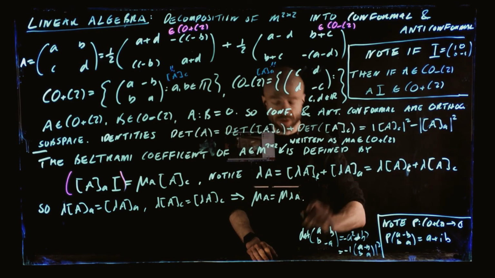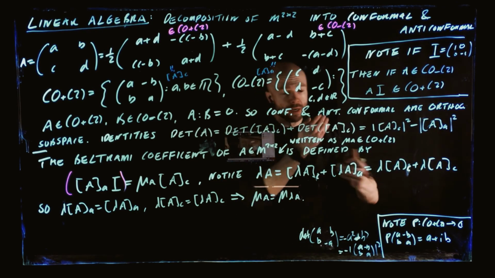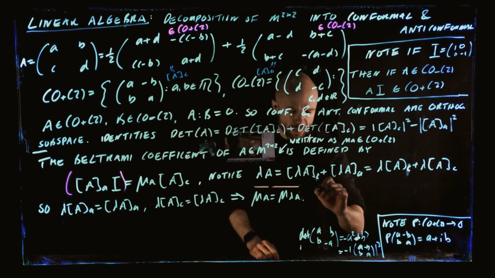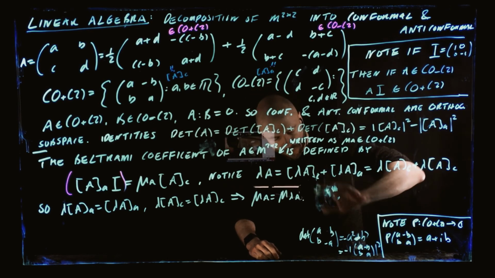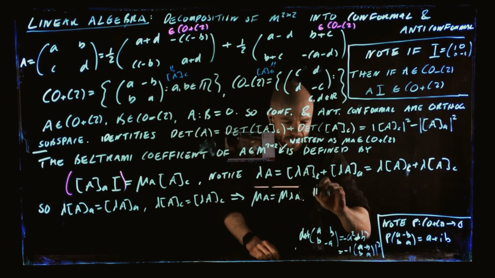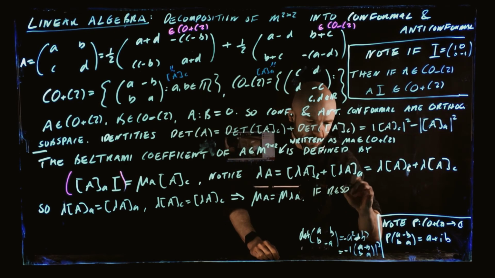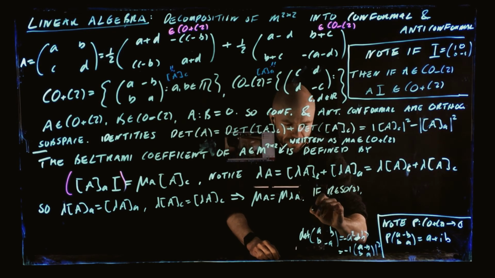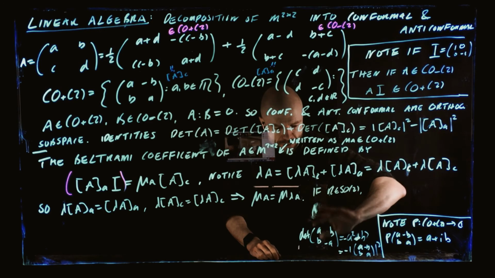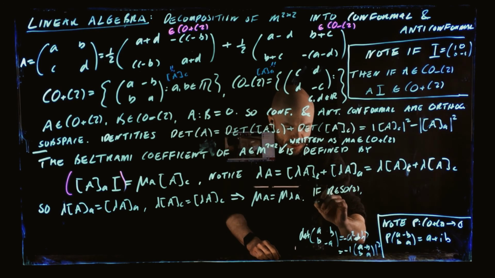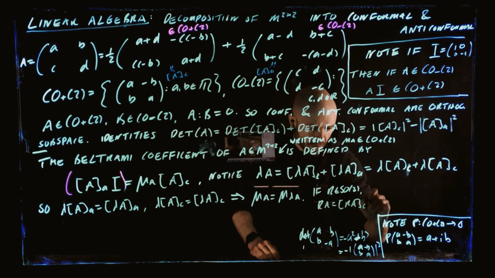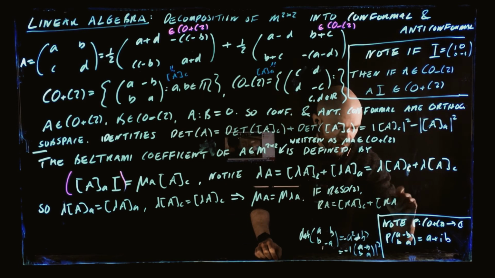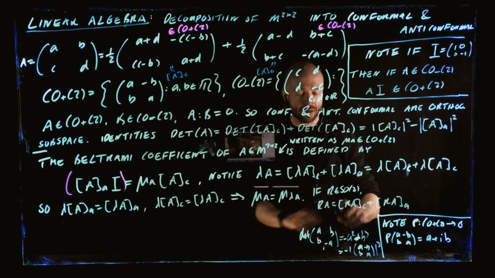So if we rotate an arbitrary matrix A and do the conformal anticonformal decomposition, let's see what happens. Maybe start with telling you what R is. If R is a rotation, then R times A can be decomposed into R times A conformal, and then R times A anticonformal.